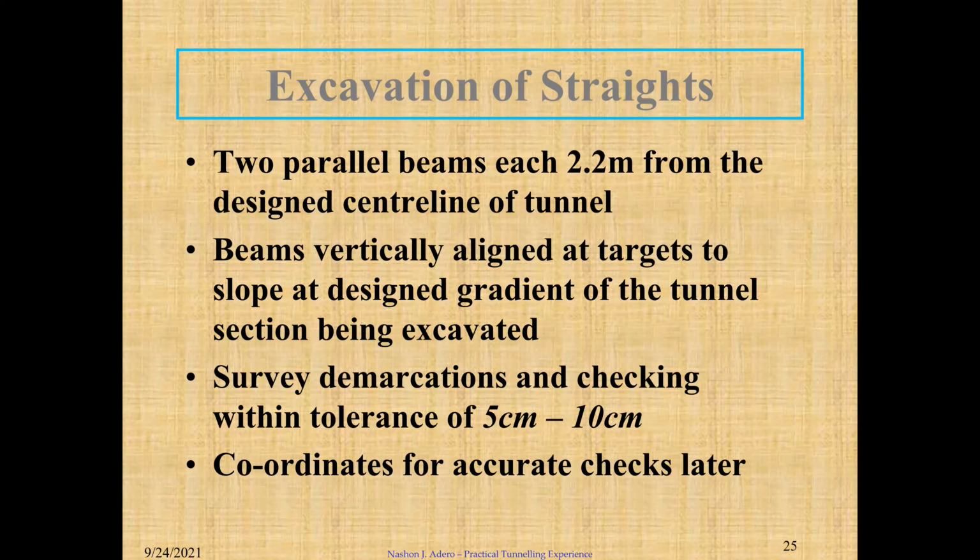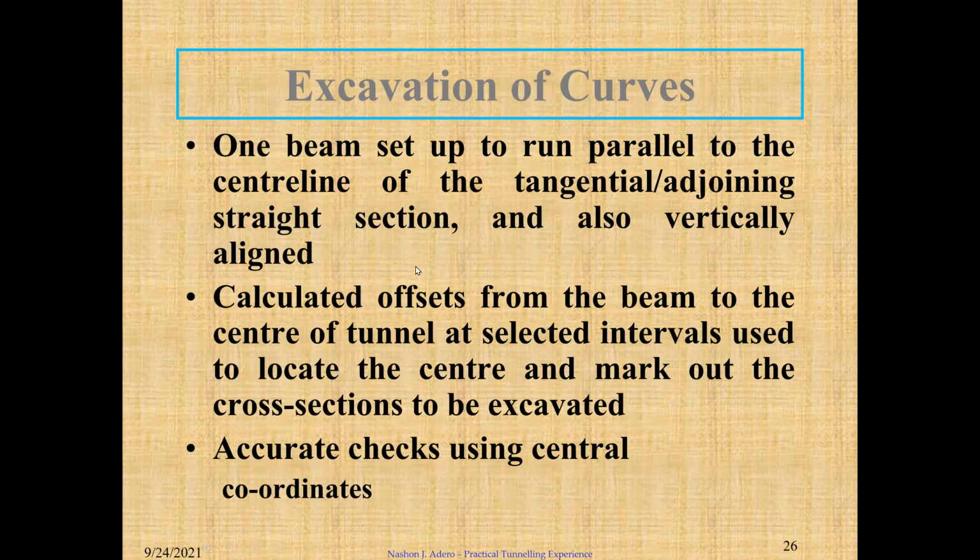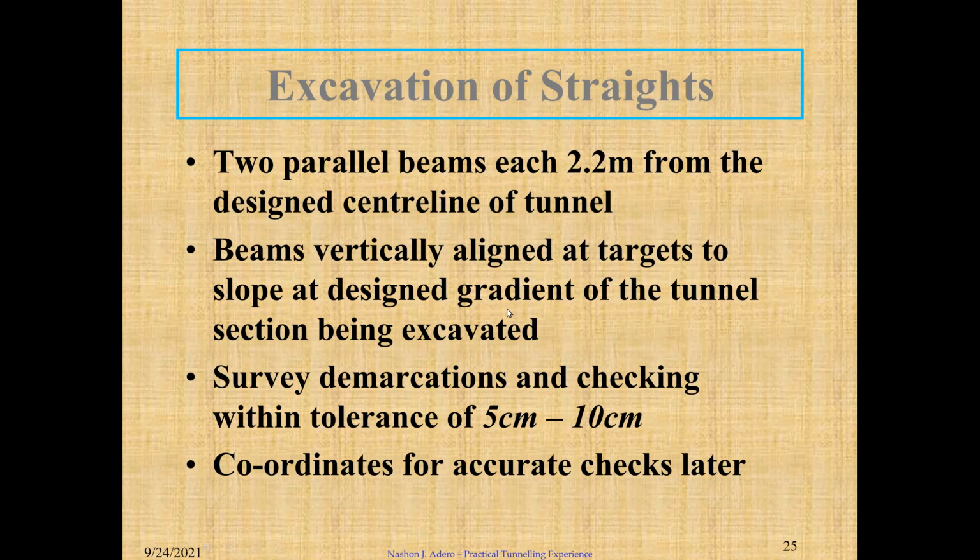Straight sections, you see even for straight sections, we had laser beams being used, two parallel beams, 2.2 meters apart. And as I've said, the beams have to be aligned vertically as well at targets to slope at the design gradient of the tunnel section being excavated, with survey demarcations and checking within tolerance of 5 to 10 centimeters, and coordinates used for accurate checks later.